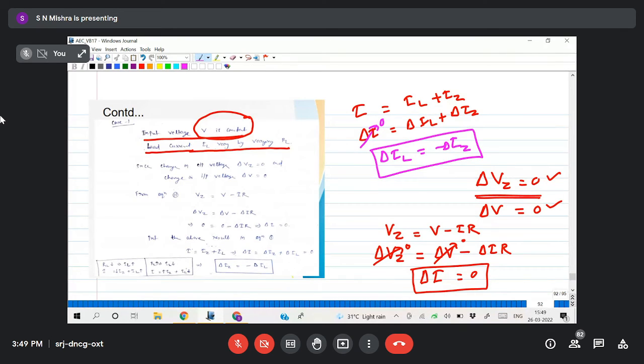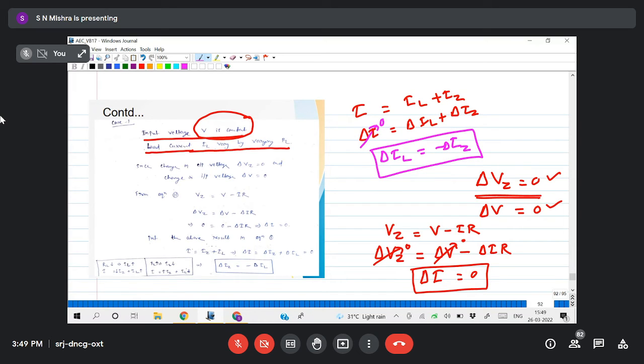Is it correct? If source current is not changing, then what will happen? Load current and Zener current will be opposite to each other. That means whatever the change in load current, the Zener current will change equally in the opposite way.